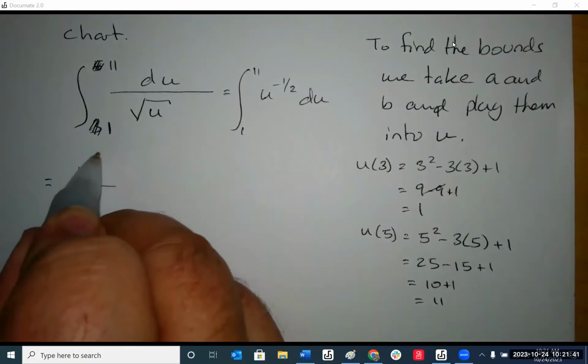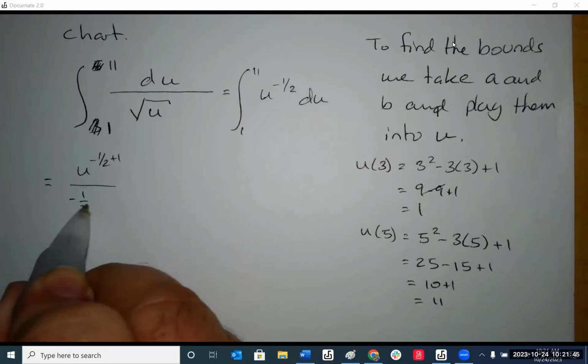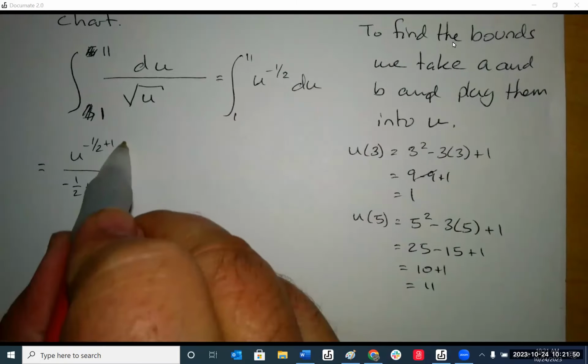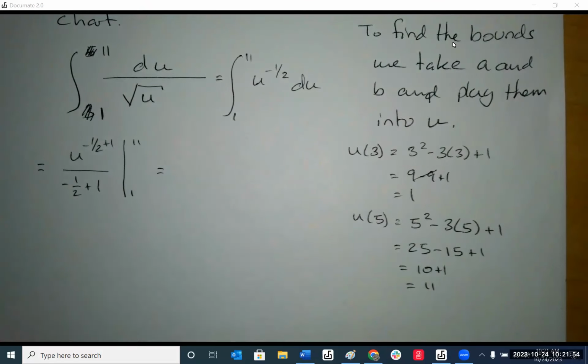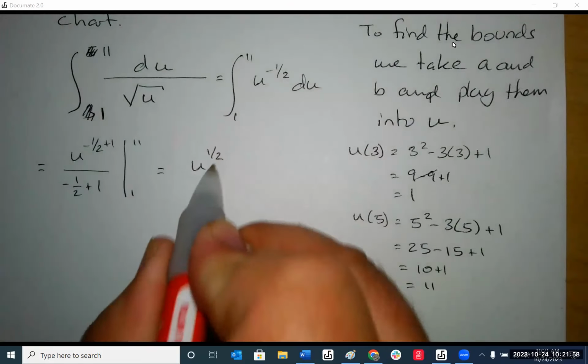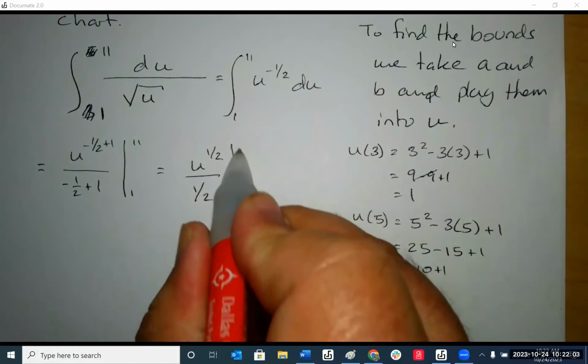Yeah, so it's going to be u to the power negative 1/2 plus 1 on top, over negative 1/2 plus 1 on the bottom, from 1 to 11. So it's going to be u to the power 1/2 over 1/2 from 1 to 11.